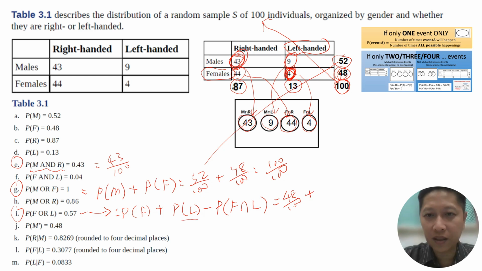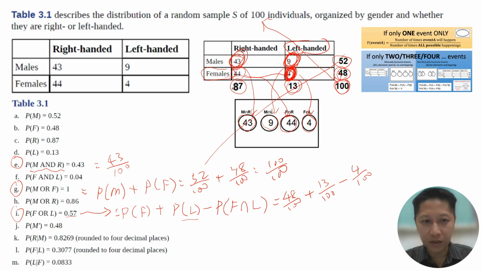Probability of getting a left-handed is 30 over 100. We need to exclude the probability of the overlapping numbers here. Sorry, it will be 4, not 9, because it's a female and left-handed. There will be 4 over 100. So later on, we're going to get 0.57.